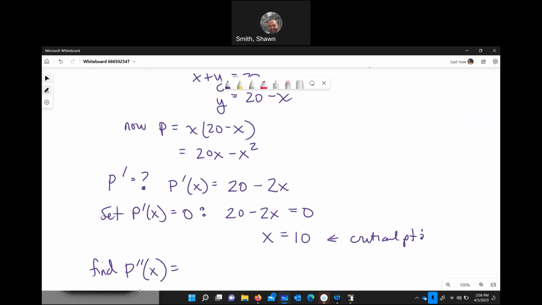Derivative of 20 is 0, minus 2x is just negative 2. So P double prime at 10 is always going to still be negative 2 no matter what number you put in there. So this is negative. This leads to a local max.